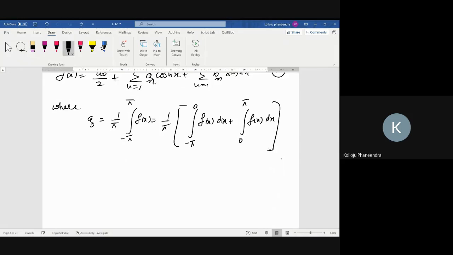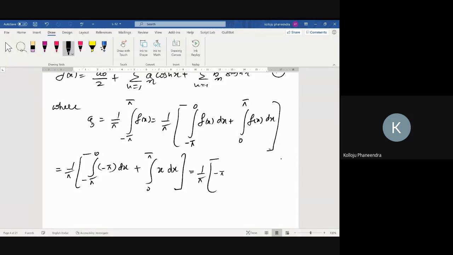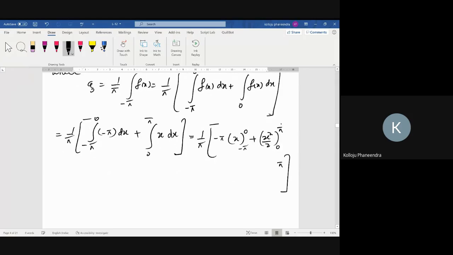Next, this is equal to 1/pi, minus pi to 0. In the first interval, what is the function value? Minus pi. In the second interval, the function value is x. So this is equal to 1/pi. Anyway, this minus pi is the constant. This is x lying between minus pi to 0 plus this is x²/2 lying between 0 to pi. Now, substitution of limits.